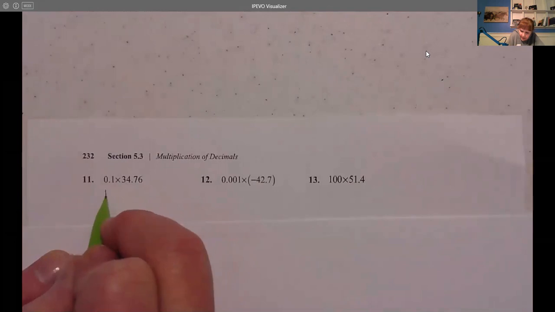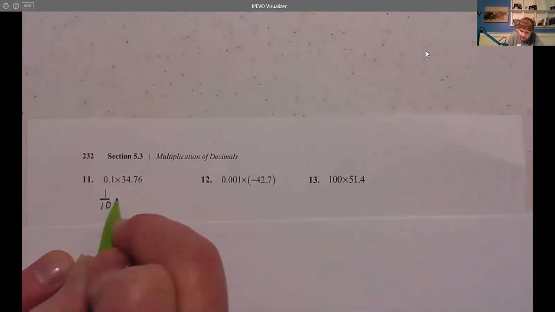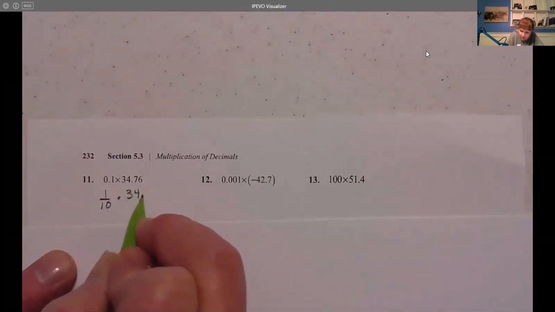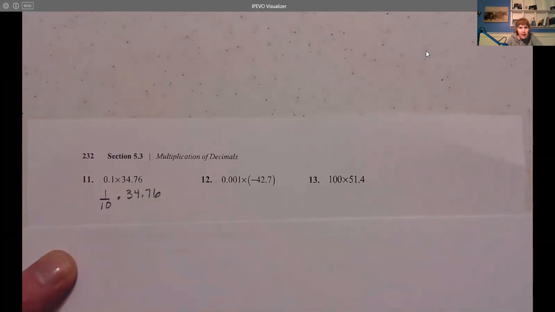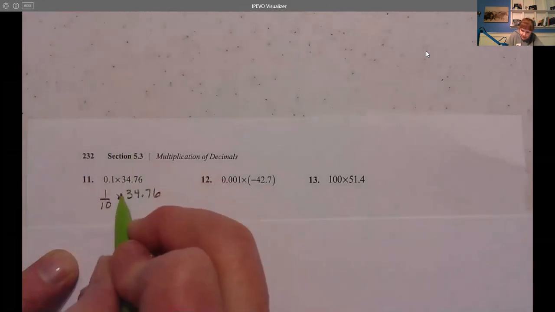So I could rewrite this as 1/10 times 34.76. Because it's 1/10, it's actually a division by 10. So I'm going to make that a times because they have an X there.